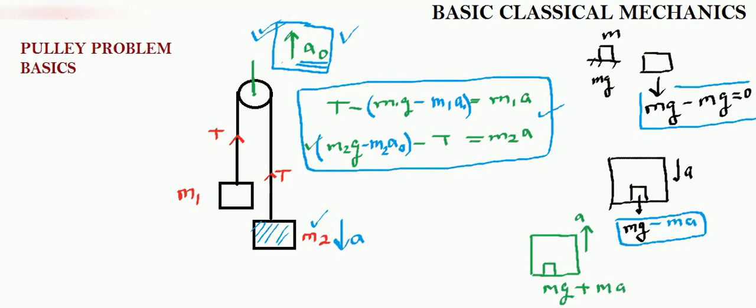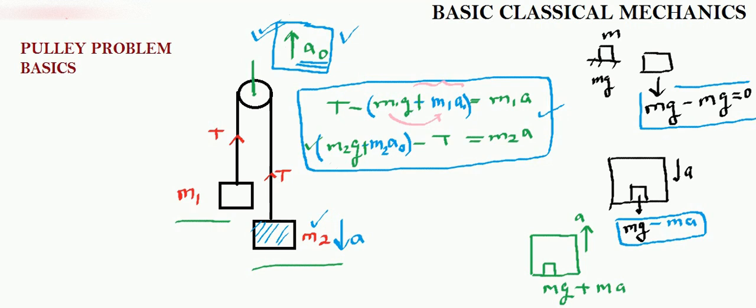Similarly, if the lift is taken up with an acceleration a naught, then both m1 and m2 will feel an extra weight. This extra weight can be seen as the addition here. The moment I do the addition, it means I have added an extra weight to m1 by writing m1 a naught. And it is true: since the entire system is moving up, m1's weight has increased, and this increase is reflected by adding some extra weight.